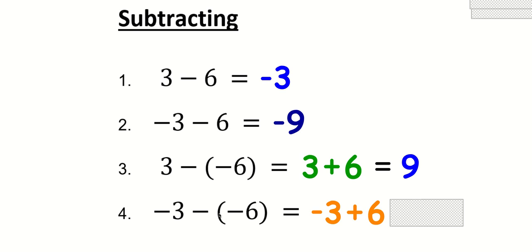A plus sign takes the place of the minus a negative. And then what's -3 adding 6? If you're at -3 on the number line and you add 6, where does that get you? Well, if you had -3 and you were adding 3 to that, that would get you back to 0, but we're adding 6. So that gets us to 3.